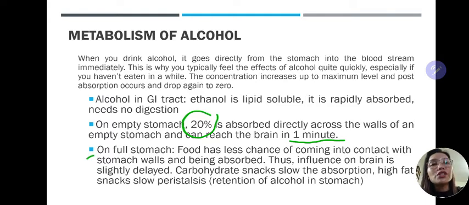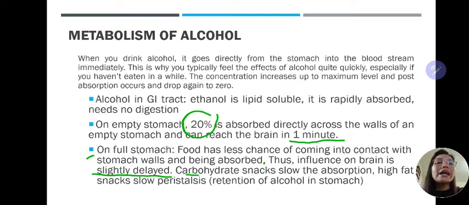And then, on a full stomach, food has less chance of coming into contact with stomach walls and being absorbed. Thus, influence on brain is slightly delayed. So, nade-delay yung, kung 1 minute agad-agad nare-reach ang brain on an empty stomach, kapag may full naman yung stomach mo with food, nagbibigay siya ng less chance or nade-delay niya yung pag-reach ng alcohol intoxication mo sa brain.